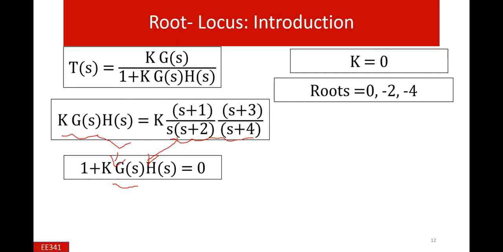It means the poles of the open loop transfer function are the start of the root locus, where K is equal to 0.